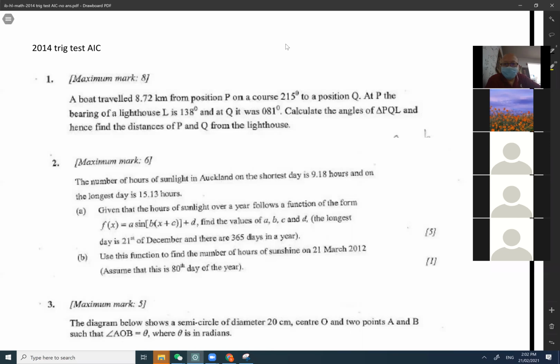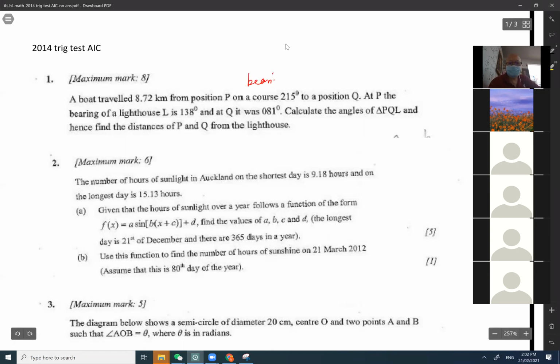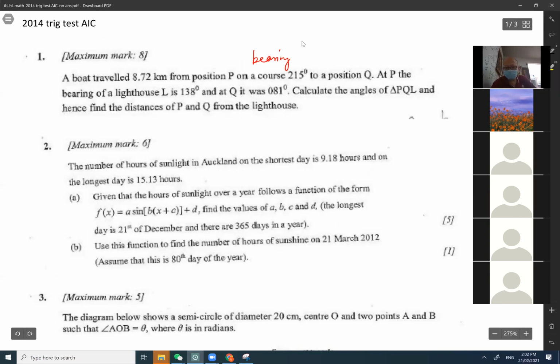Boat travel. I think this is about the bearing. Everybody try number one. 8 marks. It's a pretty big question.